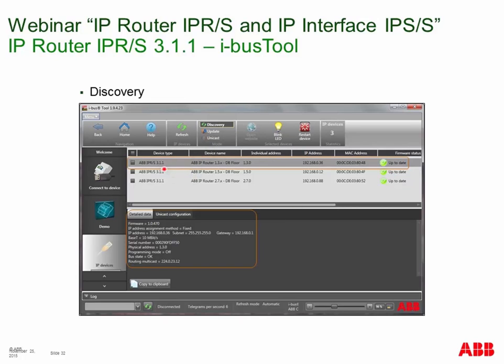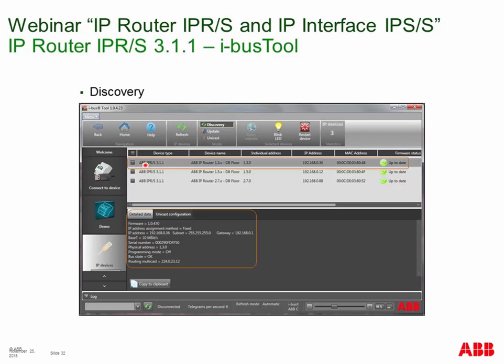In this case, automatically 3 IP routers are detected, with some data. And here you see the name we have given before via the application download, physical or individual address, IP address, MAC address, okay, it's a hardware address, and I come to this as well, and firmware update or firmware status. We have some options here in the IBAS tool to adapt or to update the firmware. Furthermore, you find here some more detailed information.